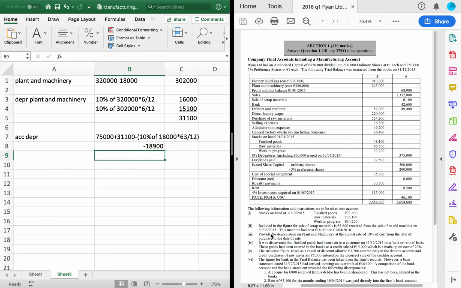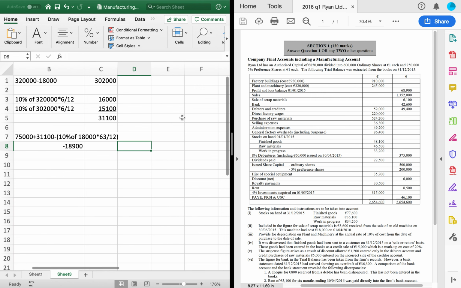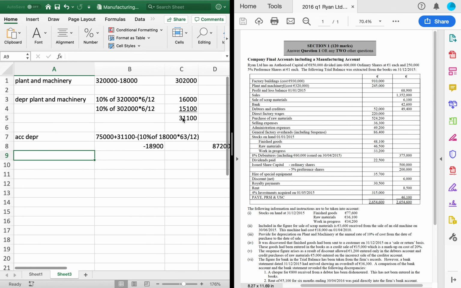That's 18,900 to get taken away. So our final answer for that then is 75,000 plus the depreciation this year minus 18,900, which is 87,200.